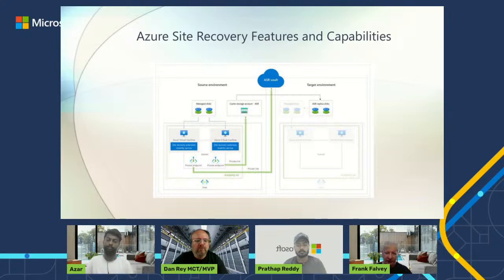So it's not actually stored on your on-premises, it's in a totally different part in the Azure portal called Azure Vault. So it keeps all your keys and all that kind of stuff in there.